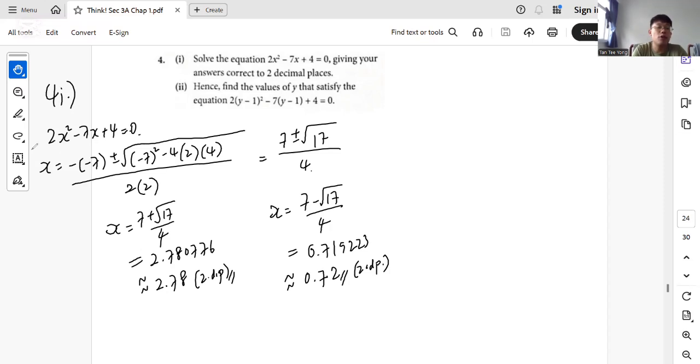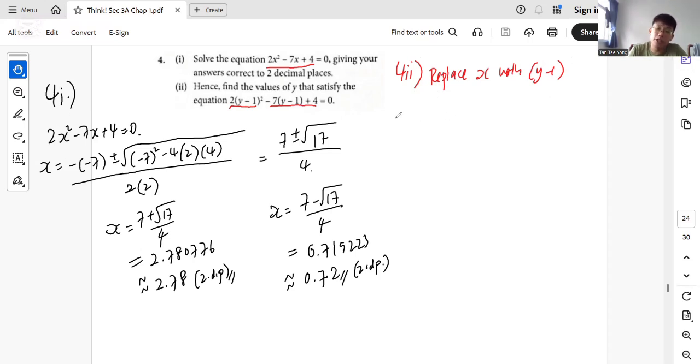Next for part 2, there's a 'hence' question. Hence, find the values of y that satisfy the equation. If you look closely, this is actually very similar to the equation in part 1. You've got to look at the similarity between the two equations. First, you replace x with y minus 1.